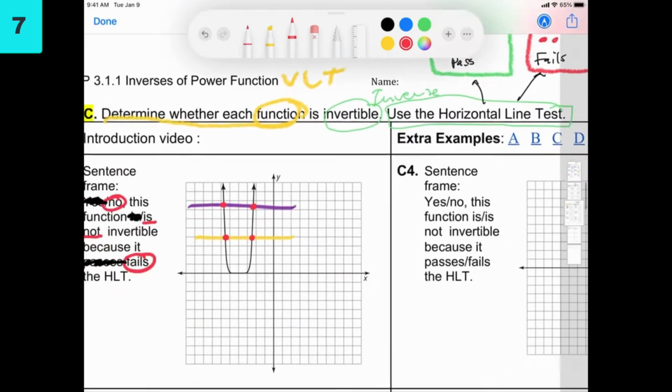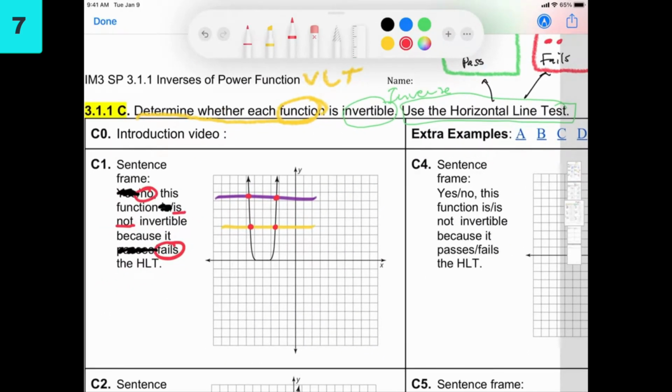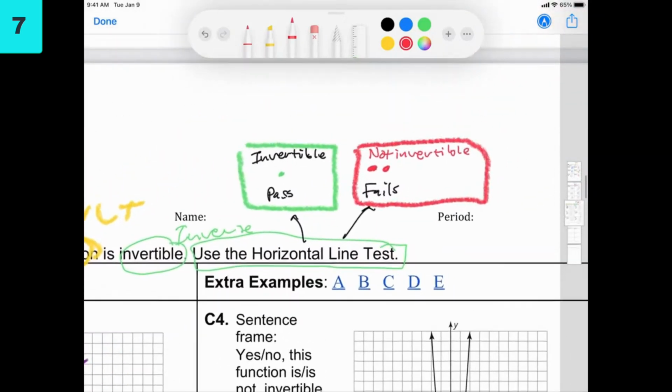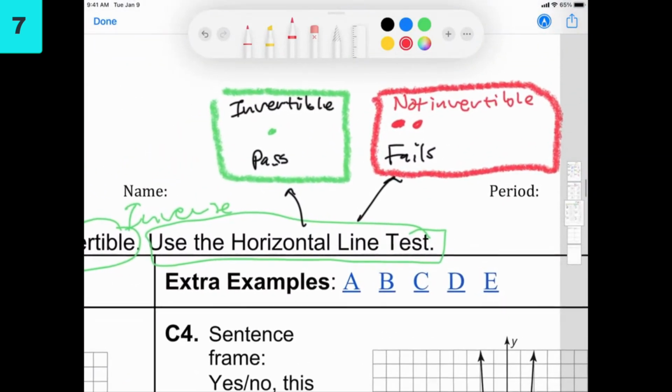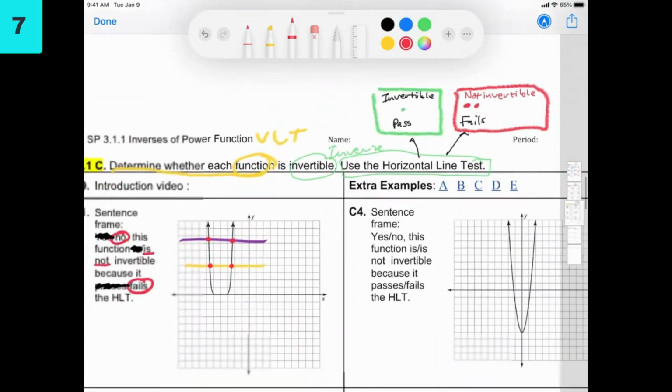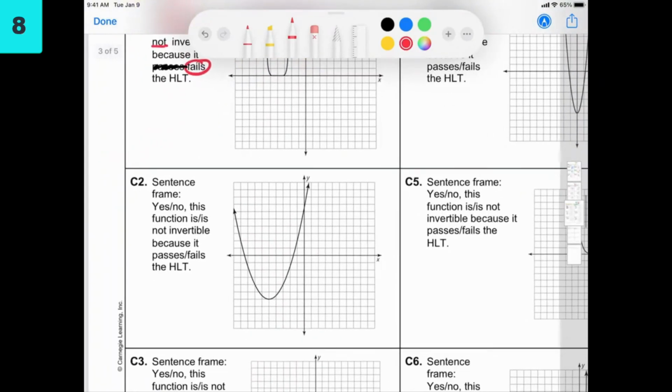C2. Determine whether each function is invertible. Use the horizontal line test. If I put a horizontal line, it has one dot, it passes. If I put more than two dots, then it fails. Let's go ahead and just randomly put a horizontal line, or you can actually put your pencil down. And I do want to note that at this point right here, it actually passes.